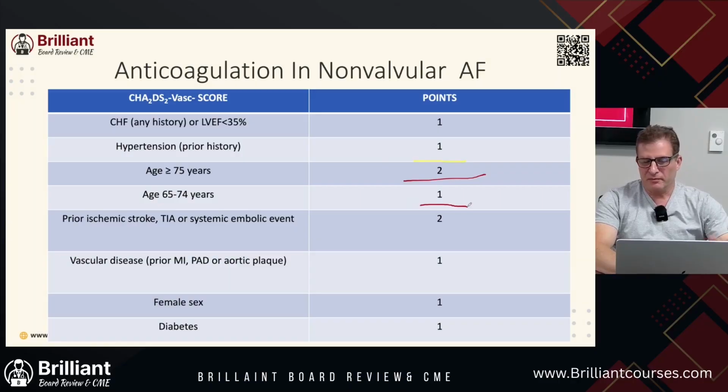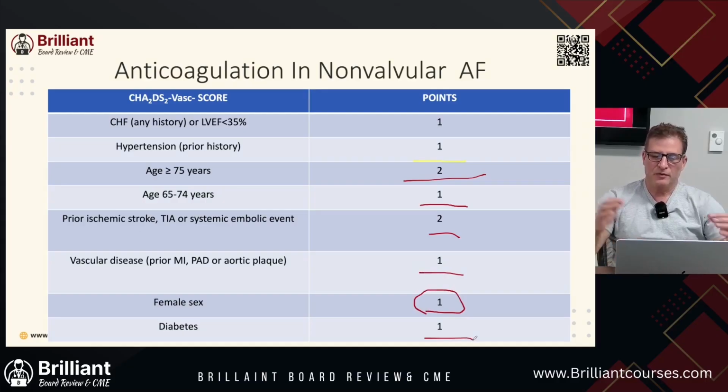So just think about it: remember we said atrial fibrillation is worse when we get older, with increased risk of clotting. Prior TIA or stroke, you get 2 points. Vascular disease, MI, peripheral artery disease, you get 1 point. Female sex gets a point. That's why I said it's basically 2 for female. And diabetes, a point. So you add these up, and with 2 or greater, you need to consider a DOAC. Now we'll talk about when warfarin should be used instead of a DOAC.